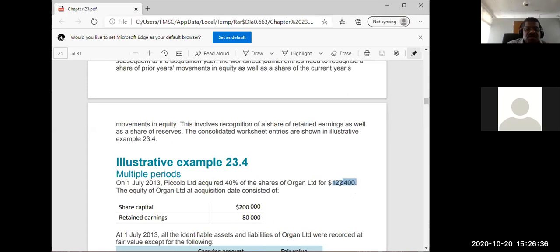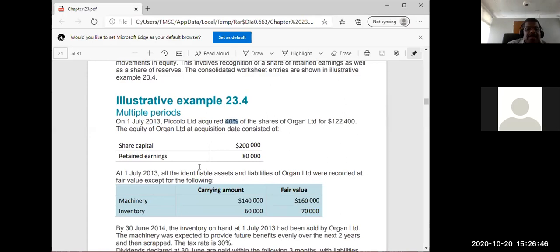This is the date of acquisition, and you are acquiring 40%. At that acquisition date, share capital is 200 and retained earnings is 80,000 altogether. Net assets as per the books is 280.